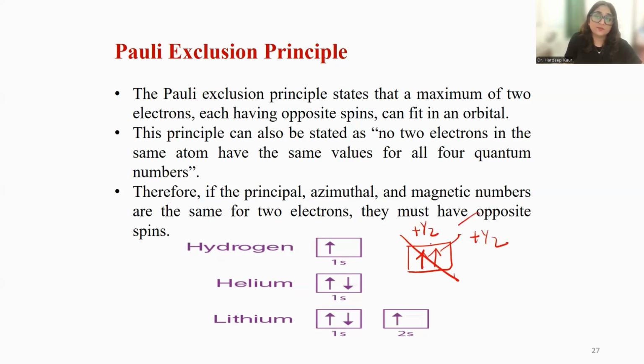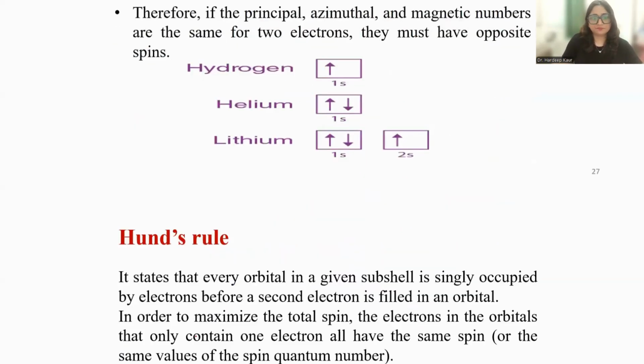It can't be possible. You have to represent electrons in opposite directions. One has plus half, another has minus half spin. So if the principal, azimuthal and magnetic quantum numbers are the same for two electrons, they must have opposite spin. Okay, everything can be the same, but spin should not be the same.